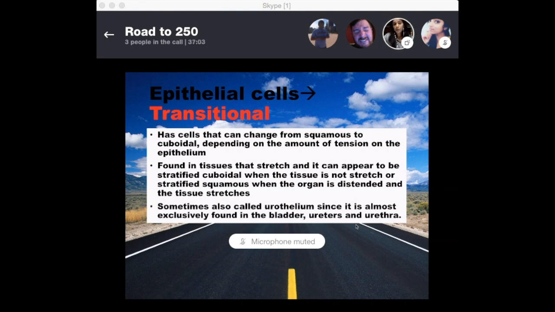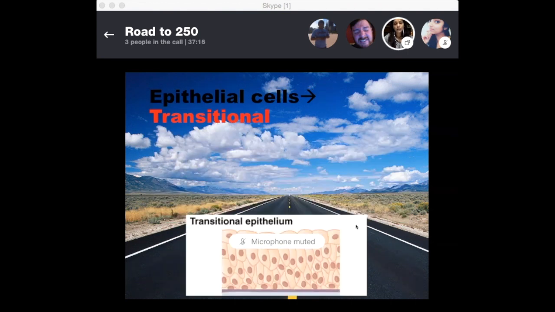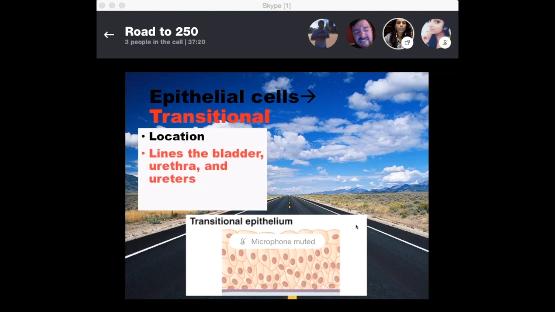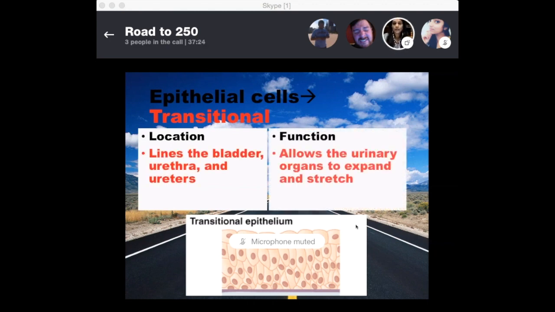It's also sometimes called the urothelium, since it's almost exclusively found in the bladder, ureters, and urethra. So we always say smooth muscle is commonly seen in the bladder. Location again, it lines the bladder, urethra, and ureters, and its function is to allow expansion and stretch. And this is what it looks like.